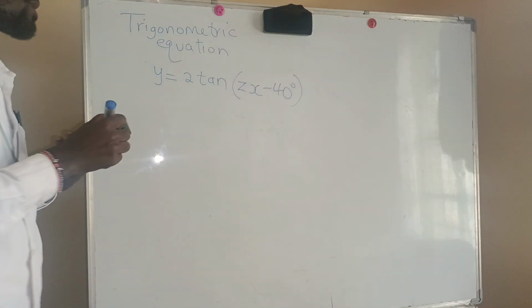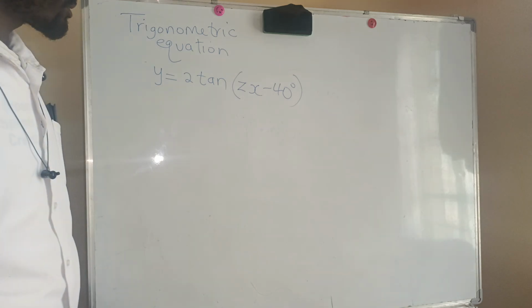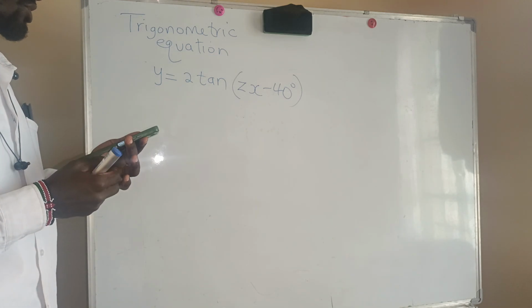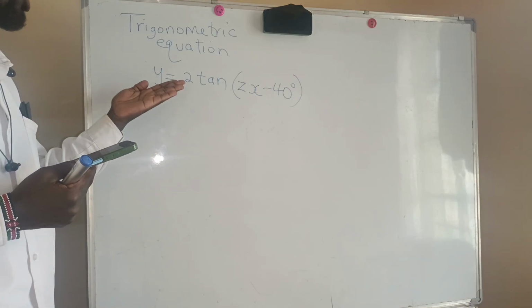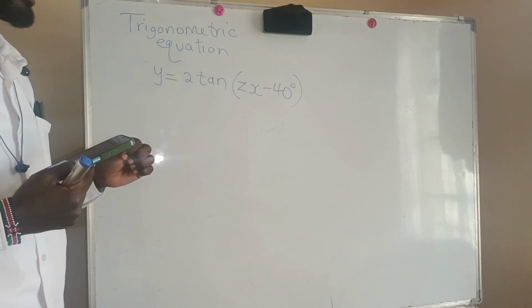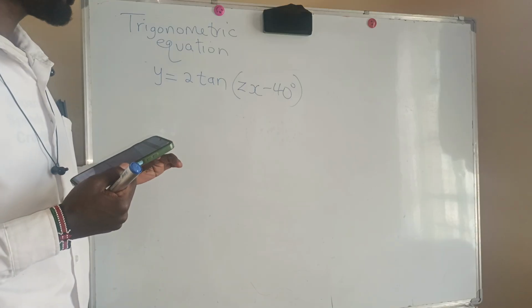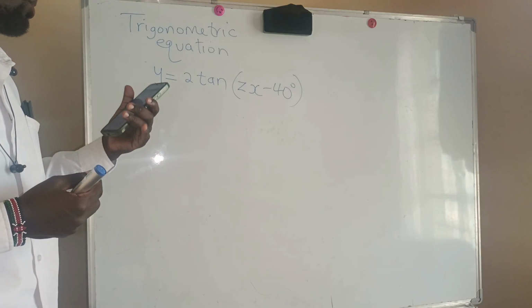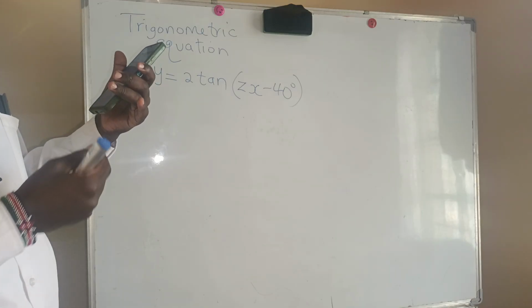So this is our trigonometric equation or function, and the trigonometric function has a trigonometric ratio which is tan. So the question expects us to provide one, the amplitude, the phase angle, and the period.